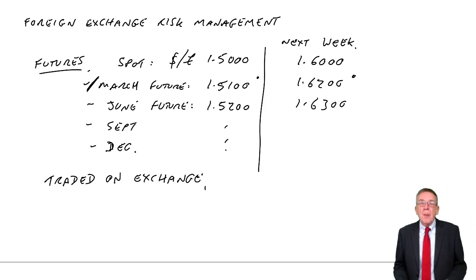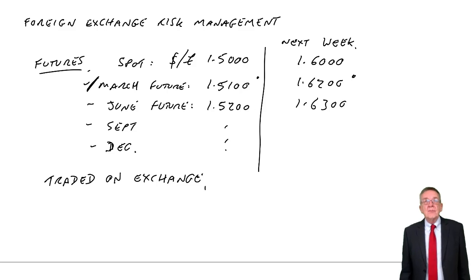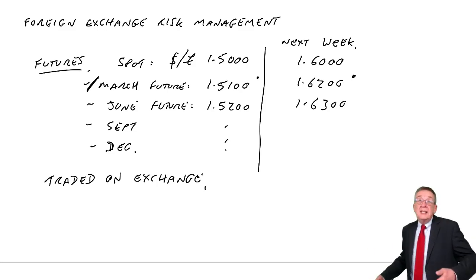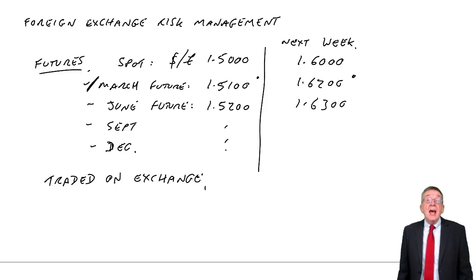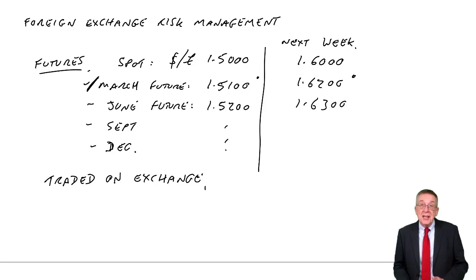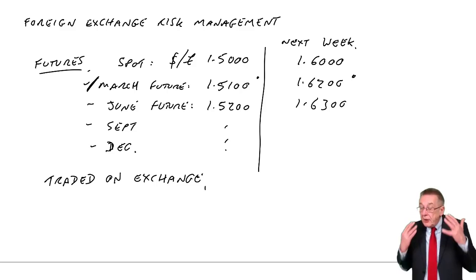It's just a phone call. You say, I'll buy $1 million of futures, and then a week later, 2 weeks later, I sell $1 million of futures. And it's only at the end of the deal that we settle up. It's just a phone call.